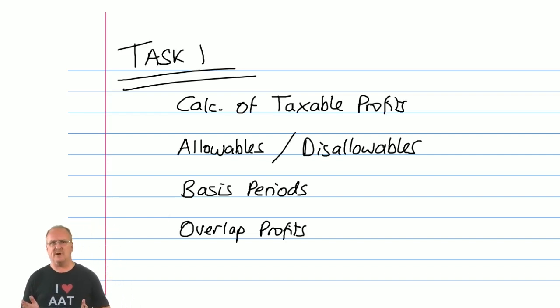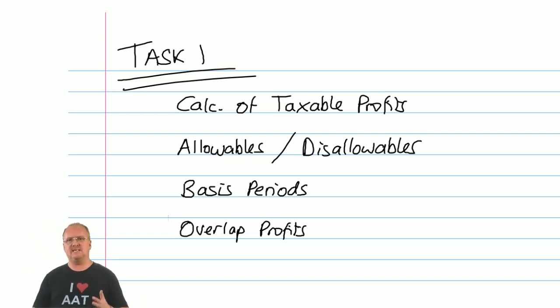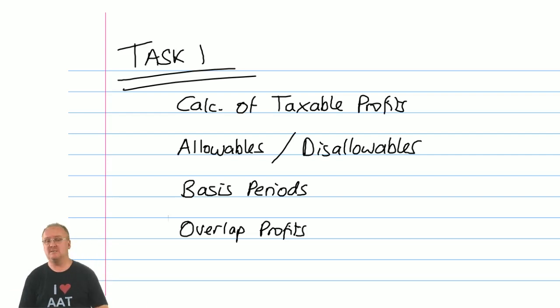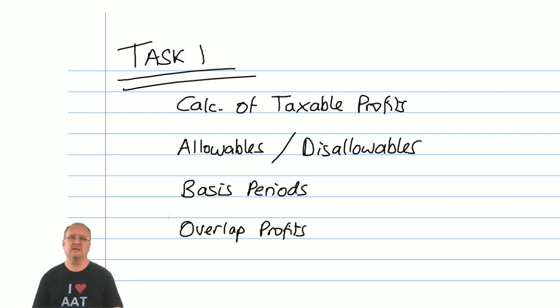So the basic situation we have here is this. You are putting together your financial statements, your accounts if you like, and those will be for a given accounting year end. But the taxman or taxwoman doesn't deal in accounting year ends, they deal in tax year ends.